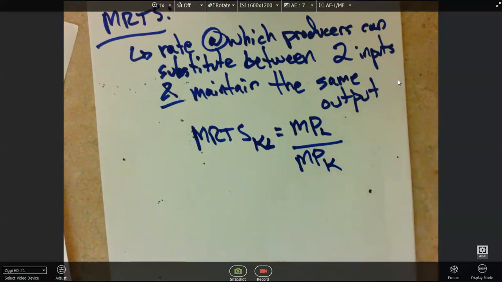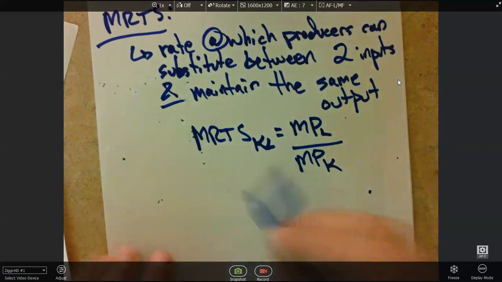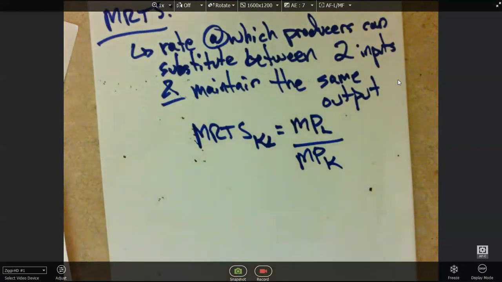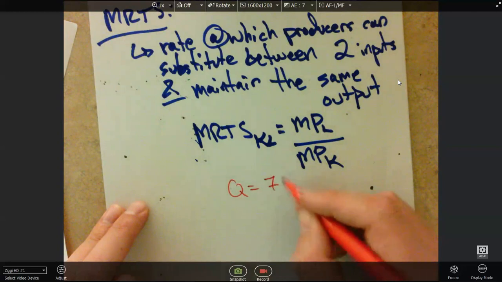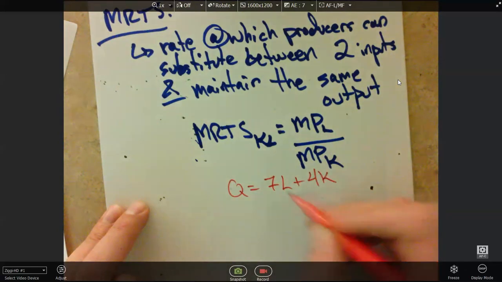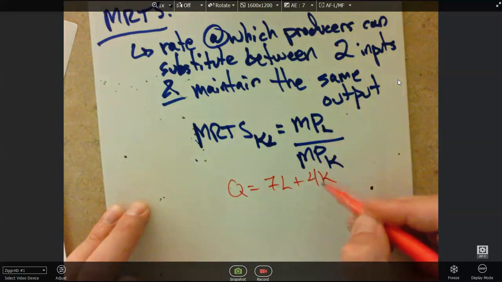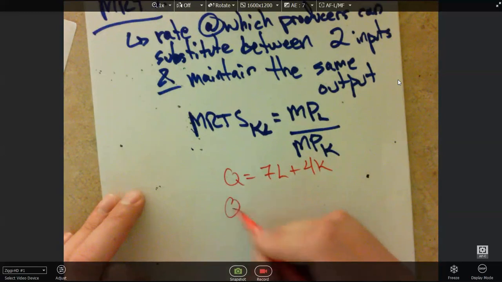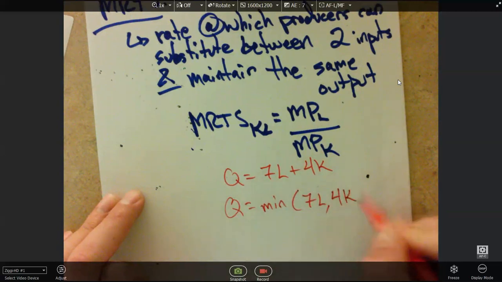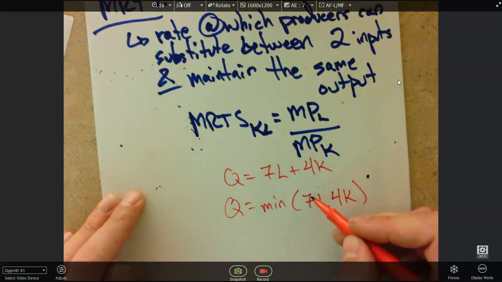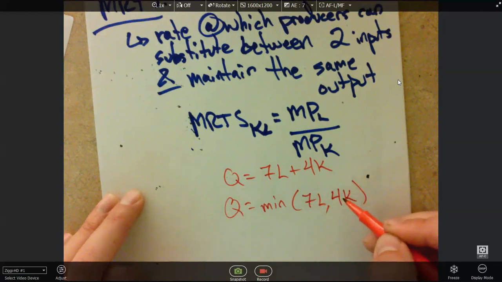It's like the strict L's instead of the curvy ones. For both of those, it's just the coefficient, because they're linear. It'd be helpful to use some examples. When Q equals 7L plus 4K, then this 7 is the MPL and this 4 is the MPK. The same thing if we have Q equals minimum of 7L, 4K: this 7 is the MPL and this 4 is the MPK.